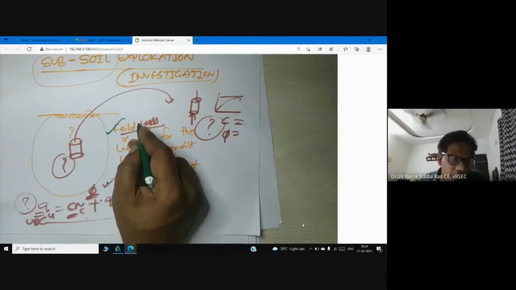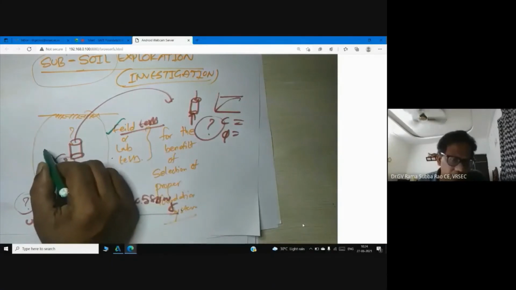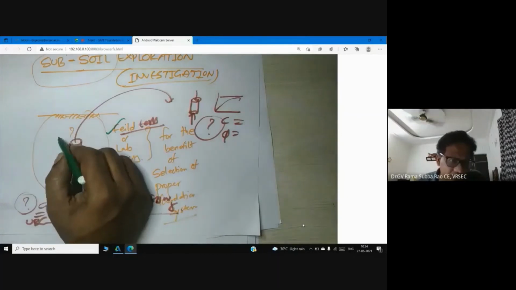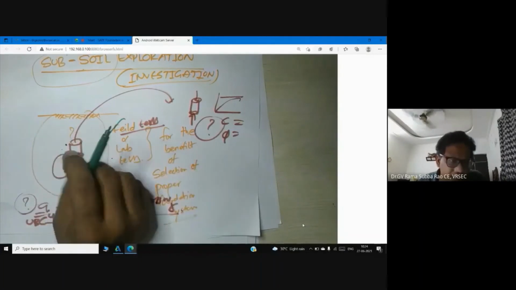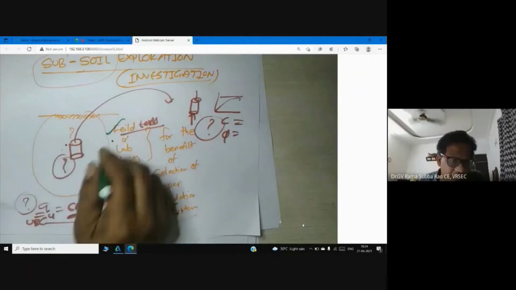You are putting load or energy directly on the ground, without any disturbance. During sampling, there may be disturbance. That's why field tests are more reliable than laboratory tests.